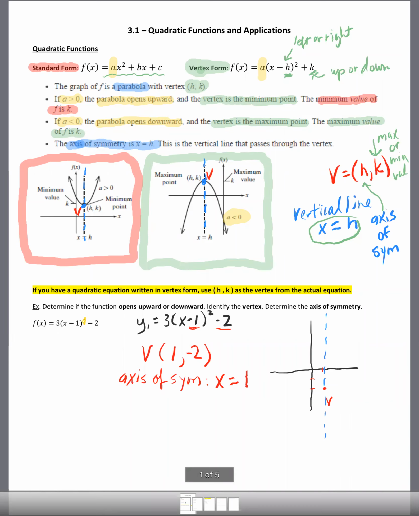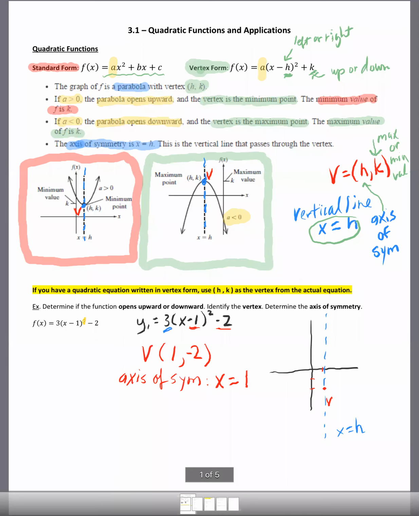The reason it's dashed is because it's actually not part of the function itself, but it is a nice guide for us. And then I can go to my calculator and I can get some other points that actually lie on this graph. Now, if you remember a little bit about quadratics, you can kind of figure out what's going to happen. We actually have a value here in front.